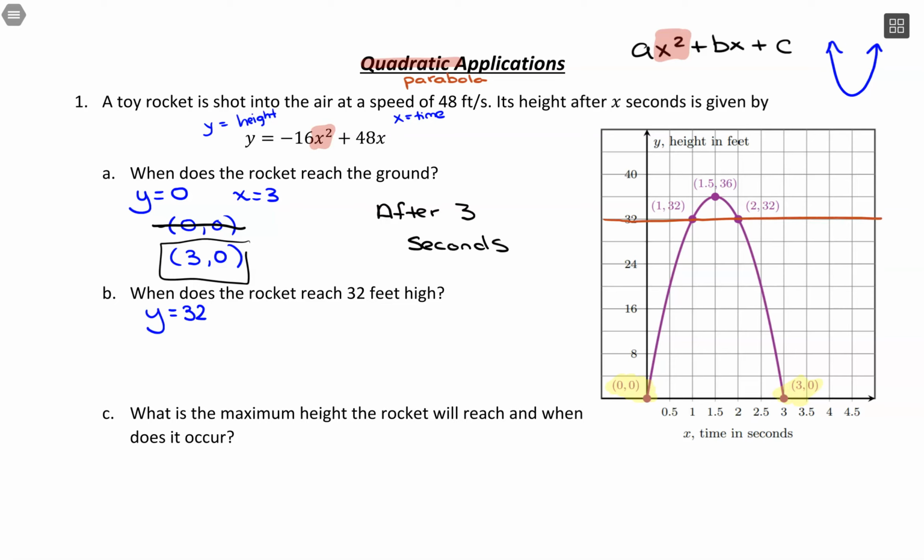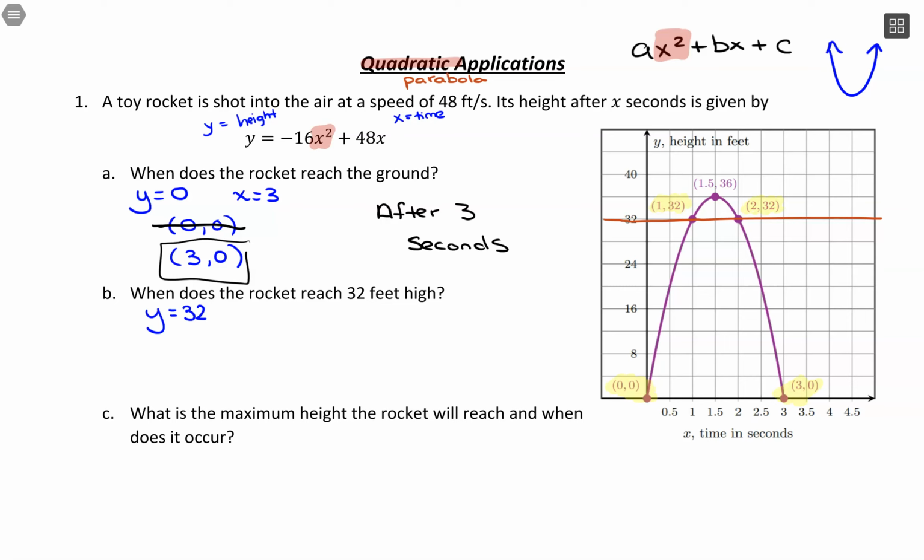We've been working a lot with linear equations, and there's only one intersection when we did a problem like this. But with the quadratic, because of this curvature to it, we can have two intersection points. So I'm looking at (1, 32) and (2, 32).